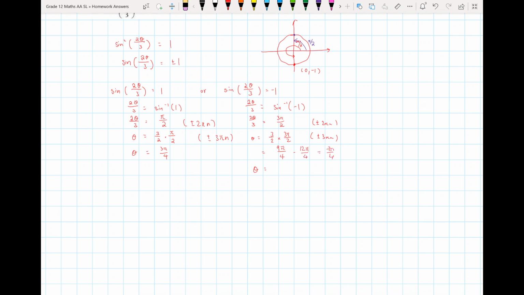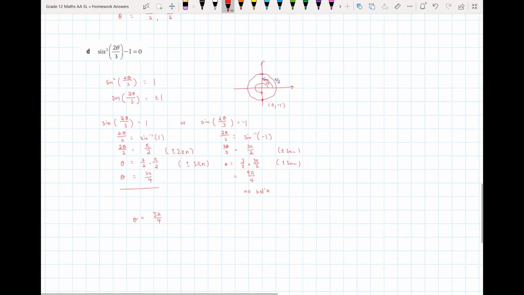So you notice that it will never fall in the domain. Here there are actually no solutions, despite having a particular solution. It's just that it will never fall in that domain. So our only solution is this here. The only solution is 3 pi by 4.